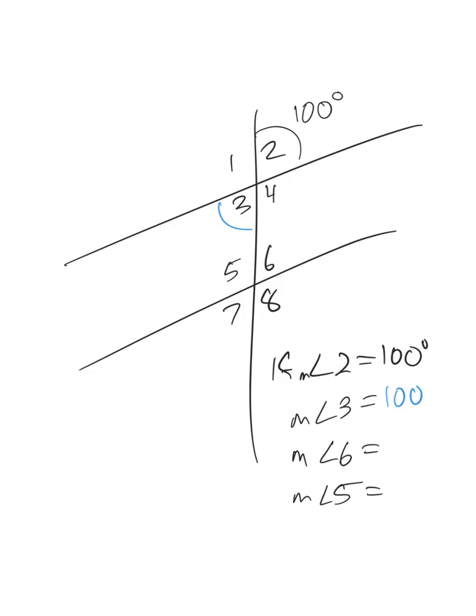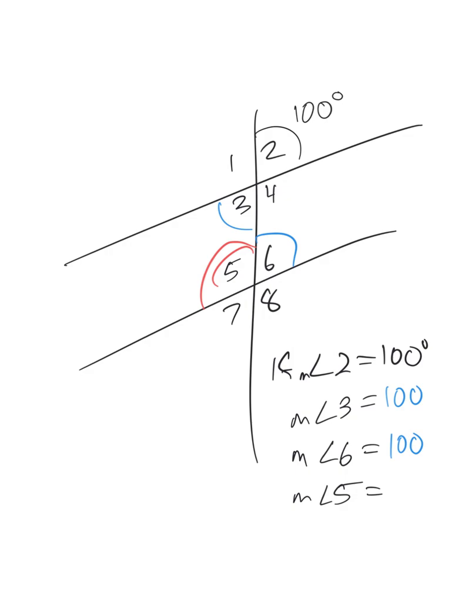Why? Vertical angles. Again, we're going to use that all year. Okay, angle 6 is what to angle 2? Corresponding, which means 100 degrees. All right, and then we have angle 5. What is angle 5 to angle 2? Nothing, right? So how do you find angle 5?